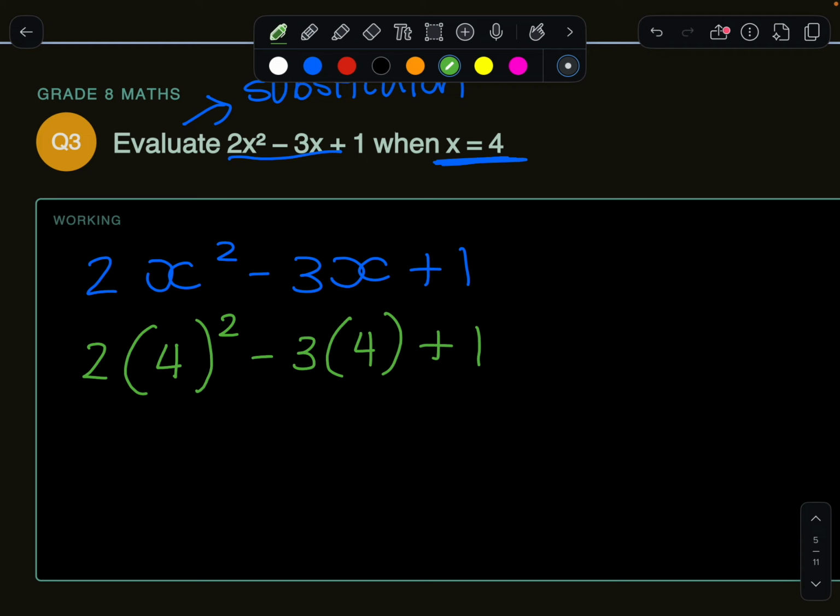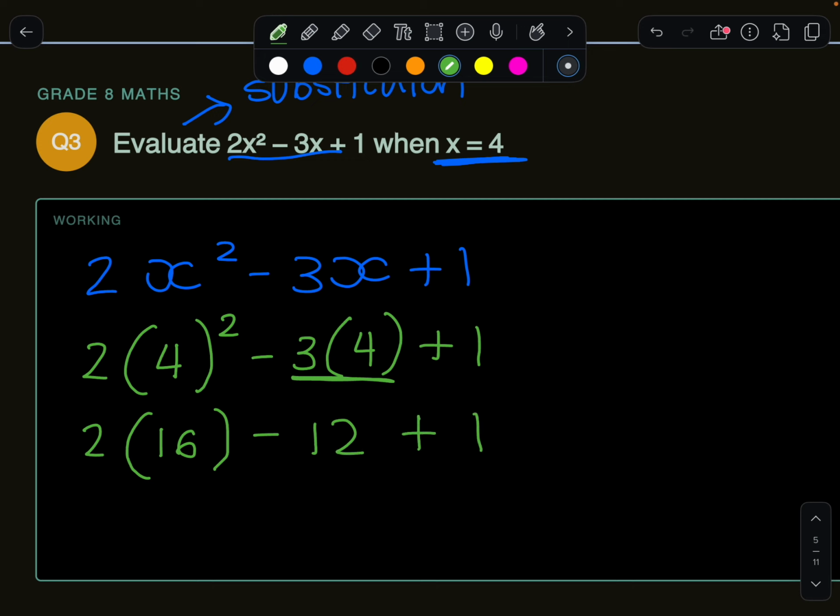Then we just work it out. 4 squared is 4 times 4, which is 16. Minus 3 times 4, we can work that out now: 3 times 4 is 12, add 1.